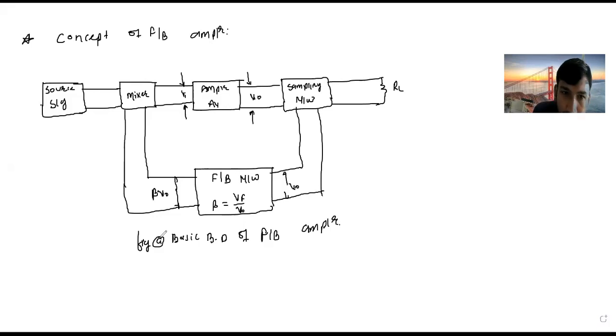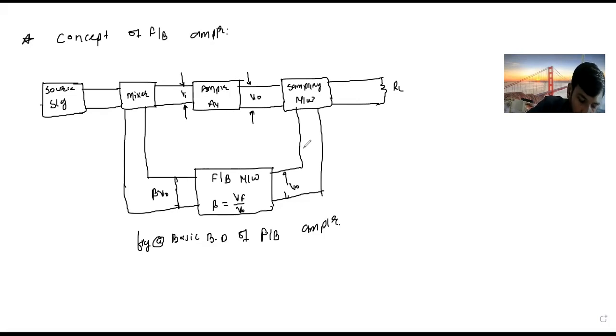If anybody has any doubt related to this, if any block is not understood, then let me know. All of you, draw it.